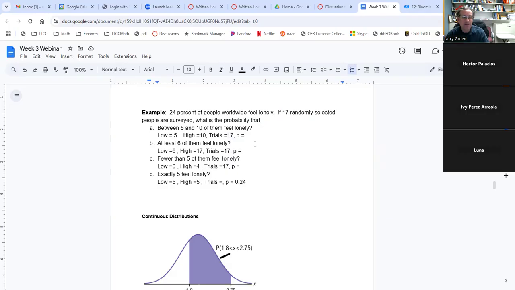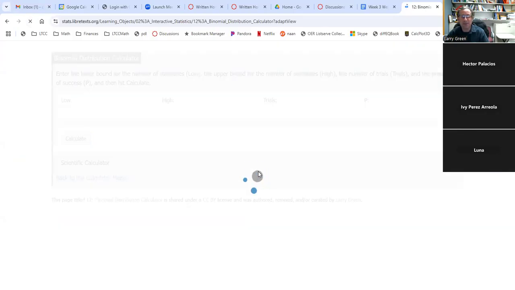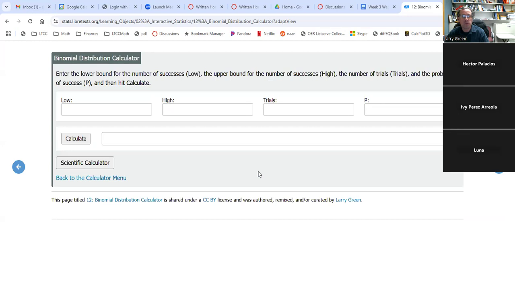P, the probability of feeling lonely, is 0.24. That's 24%. So now we just go to the calculator. I'm going to refresh, and that'll pop in all the numbers again. And we just plug in the numbers.